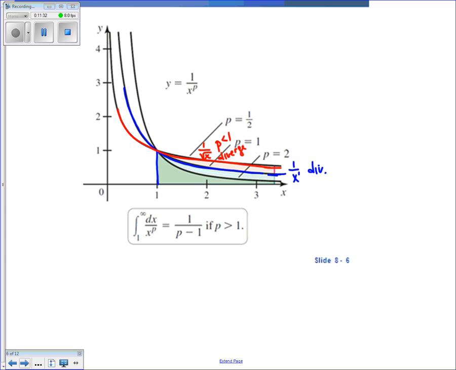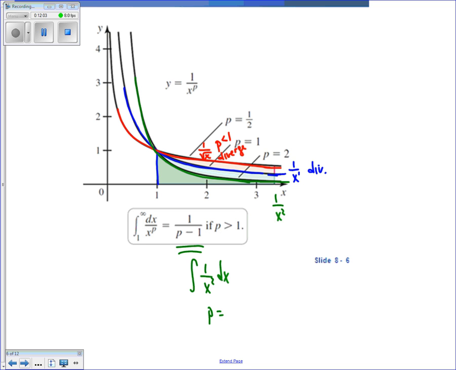But if we look at 1 over x squared, that bigger power in the denominator is causing that function to get closer and closer to the x-axis faster. So that if we're trying to find that infinite area, it's going to taper off, and we'll actually be able to find that integral. So that actually means we found here that depending on the p, we know what the integral actually is. The p here is called a p series.